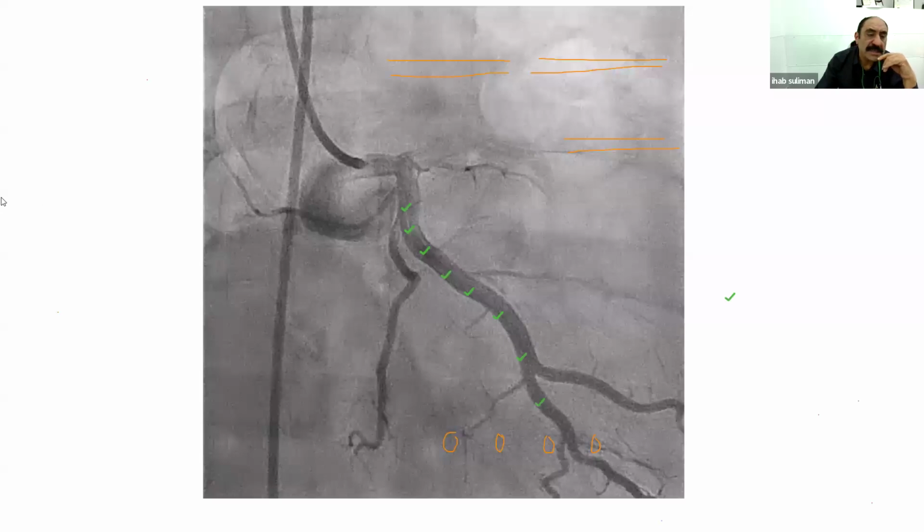This is where the LAD has to be, and it is occluded completely. This is a patient with ostial LAD occlusion from the beginning.